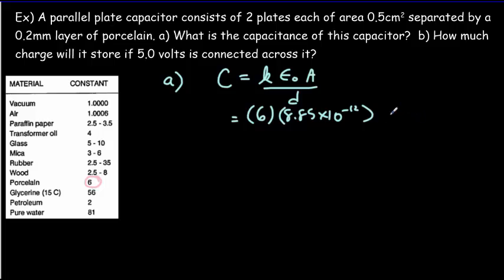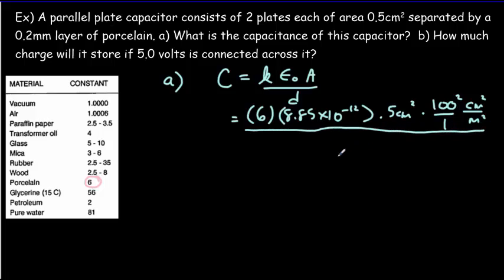Area of the plates, be a little bit careful, we've got to use SI units here. So it's 0.5 centimeters squared, and then let's convert centimeters squared to meters squared. And there's 100 centimeters equals 1 meter. So 100 squared centimeters will equal 1 meter squared. So that's 100 squared all over 1.